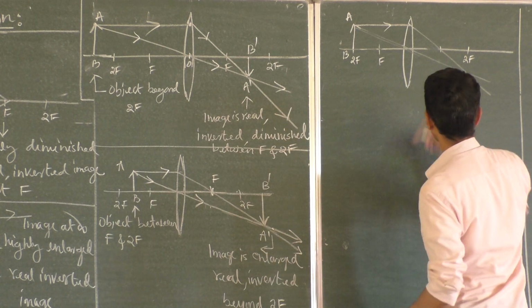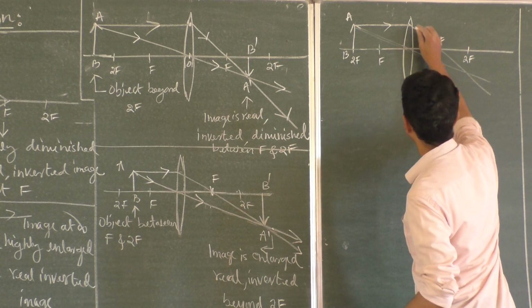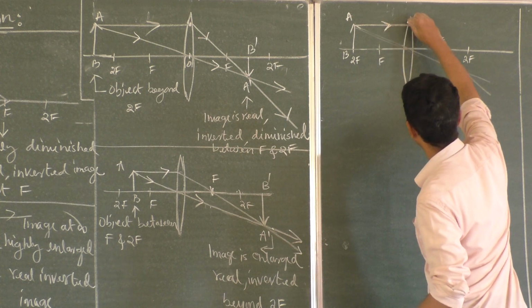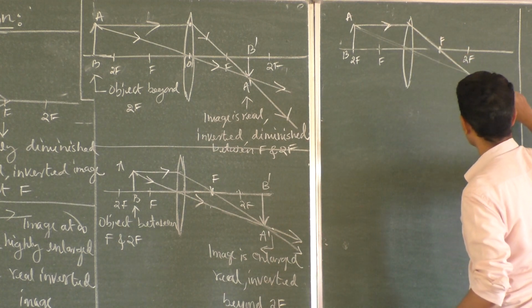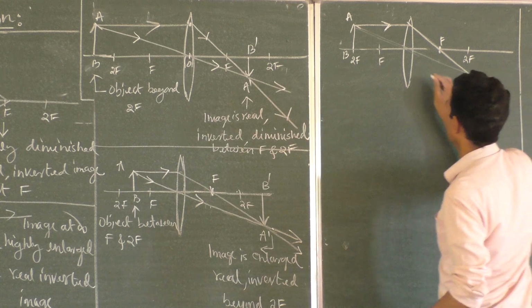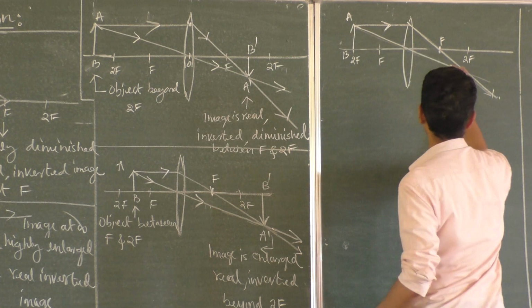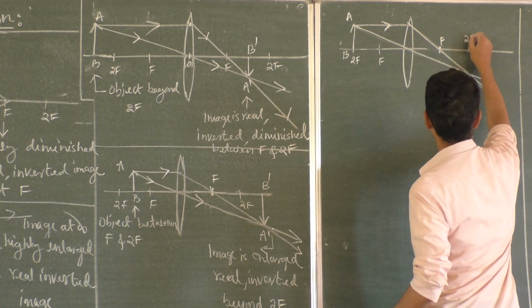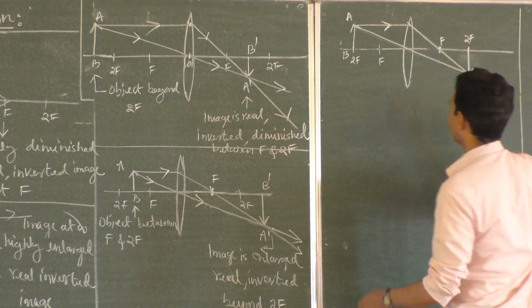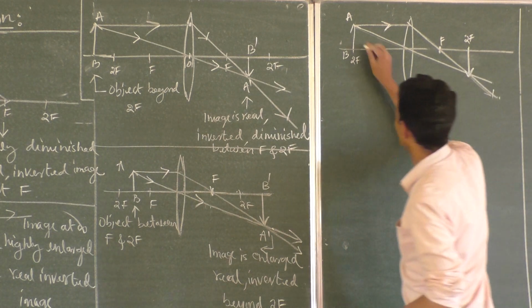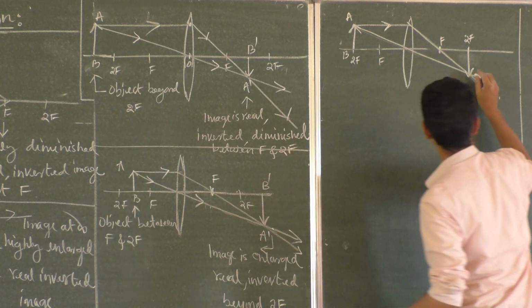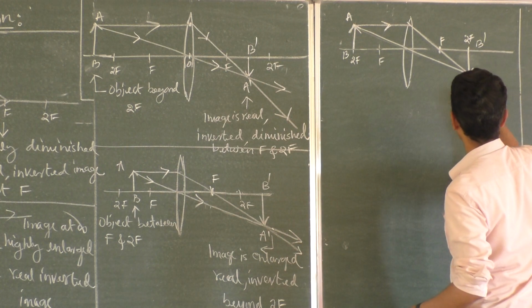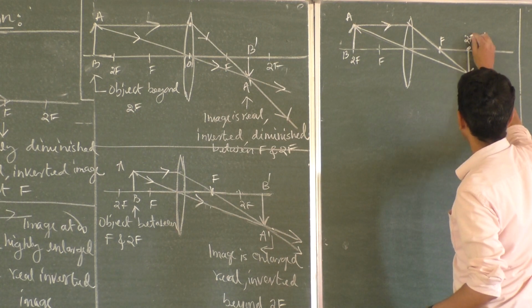This ray parallel to the principal axis after refraction passes through focus, and another ray passing through the optic center moves here, and I'll call this 2f. It is almost the same size as this one, and this is B dash A dash. The image is formed at 2f only.